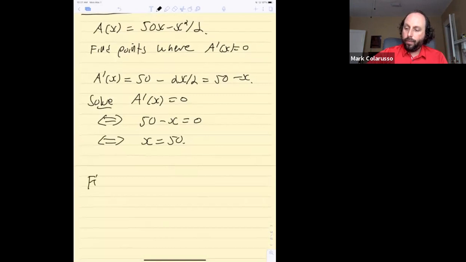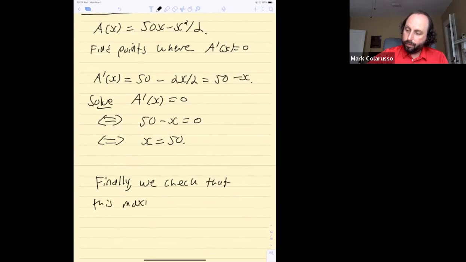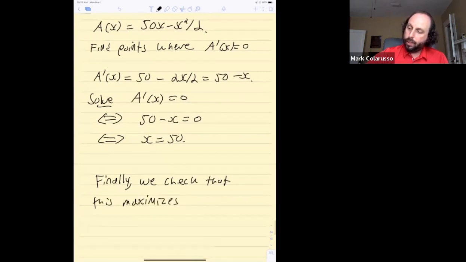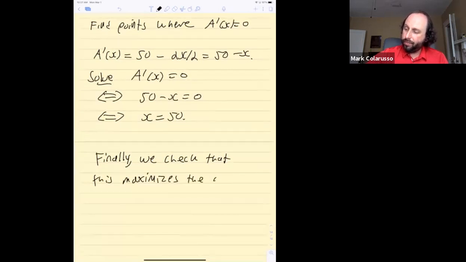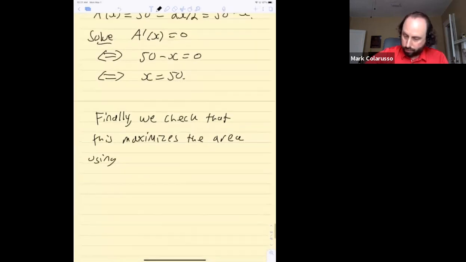So finally, we check that this maximizes the area using either the first or second derivative test.